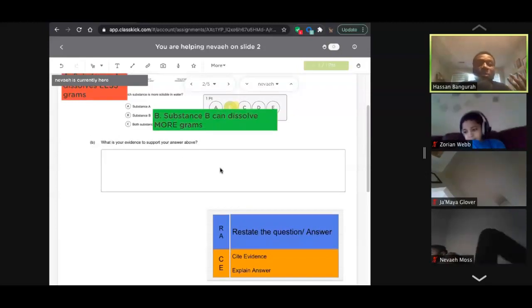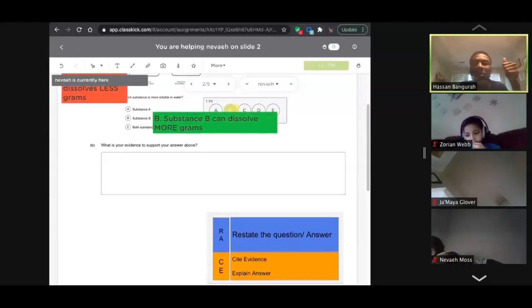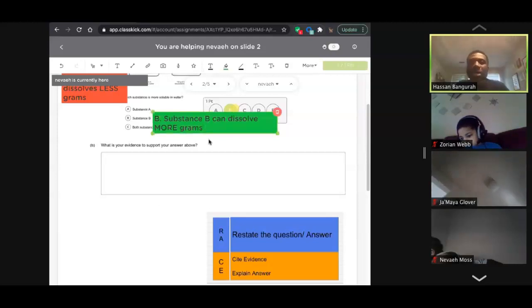What I need for a RACE response is first my restate. Who can just give me the quickest restate? Less of the substance. Yes, so substance B can dissolve more grams in the same amount of liquid.